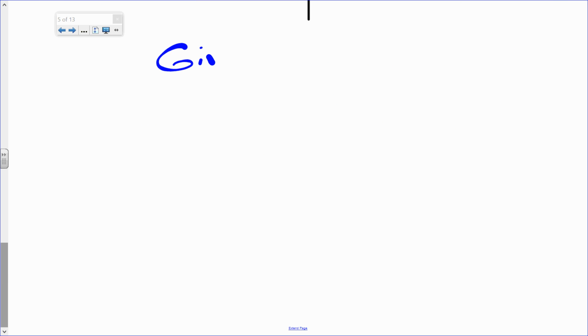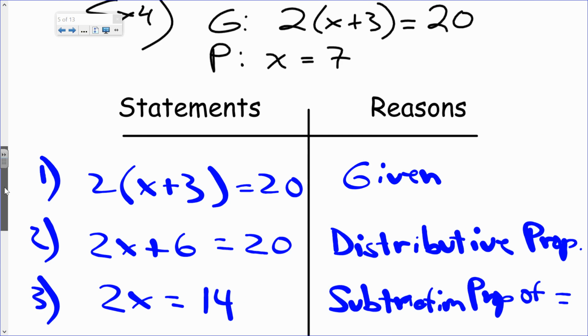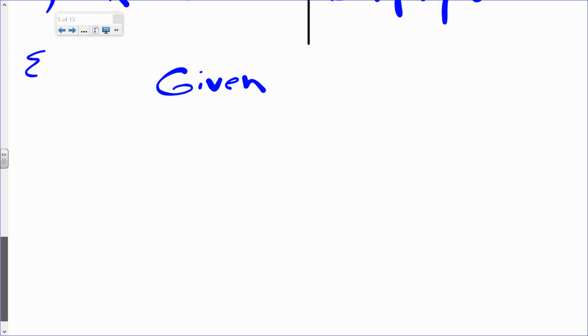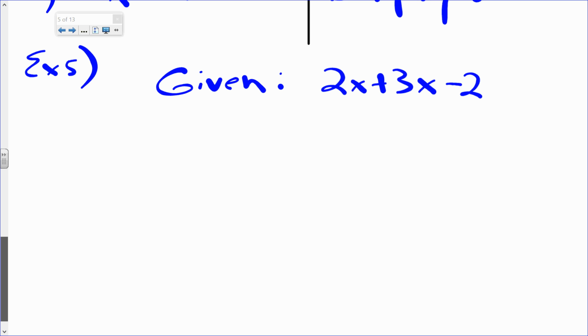Given. Here we go. Last one. This is example 5. Given: 2x plus 3x minus 2 equals 18.